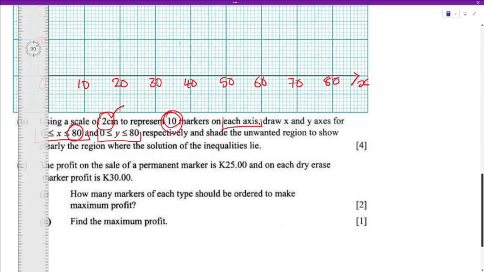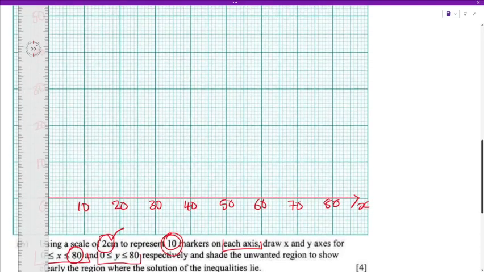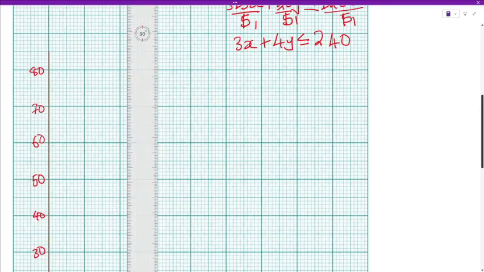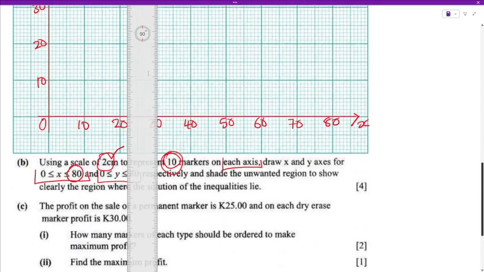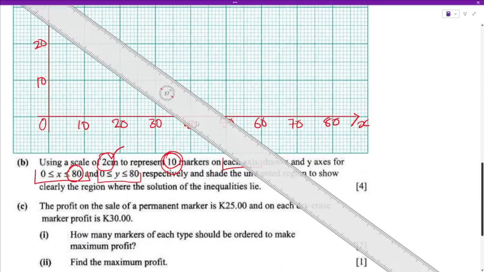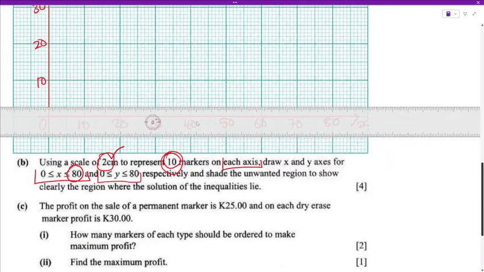So we're going to have our y axis right there, all the way up to somewhere there. That is your y. Okay, we can now write to say what x is representing. X is representing permanent markers.